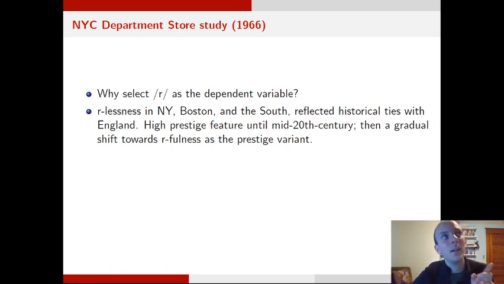Dropping your R's was actually the higher prestige, desirable until about the 1950s, at which point R-fullness became the prestige variant, which is where we are today. Generally, R-fullness is seen as higher prestige. That's what you're going to use in your interview versus R-lessness.